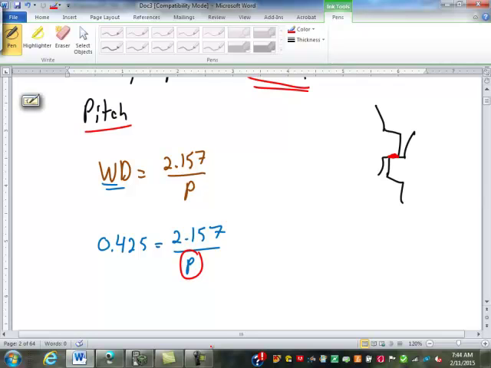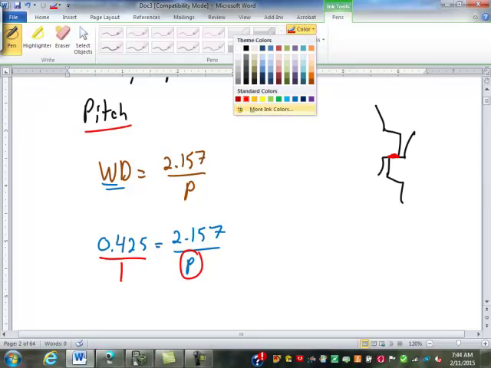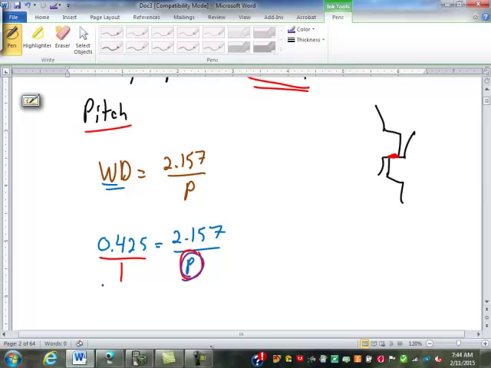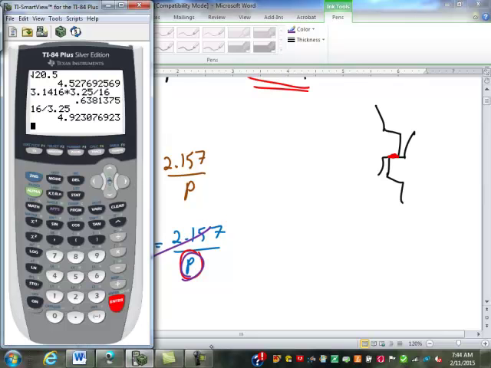If the value you're looking for is on the bottom of a fraction, turn this thing into a proportion. So now we're looking for this value here. We're just going to cross multiply, 1 times 2.157 divided by 0.425.